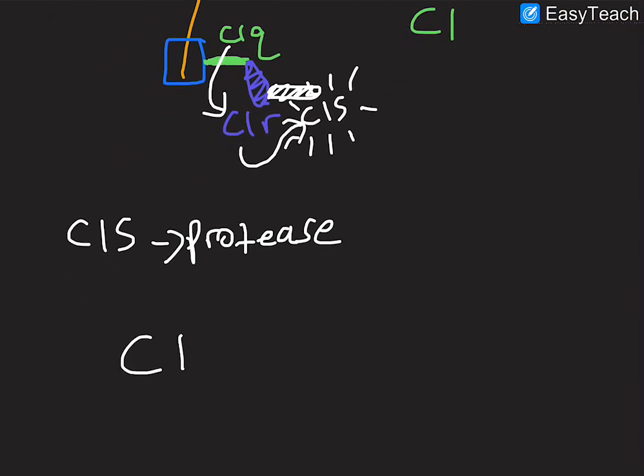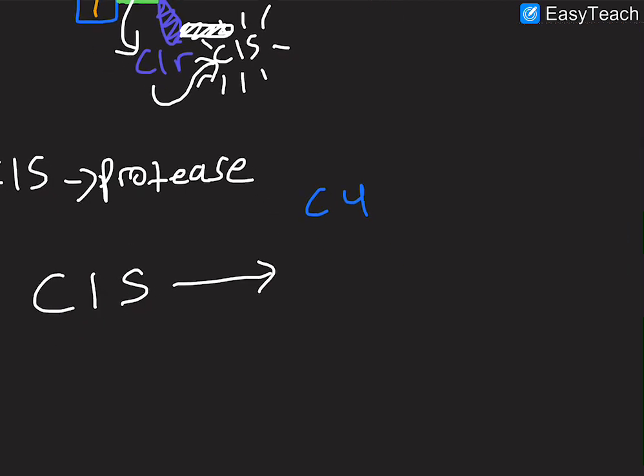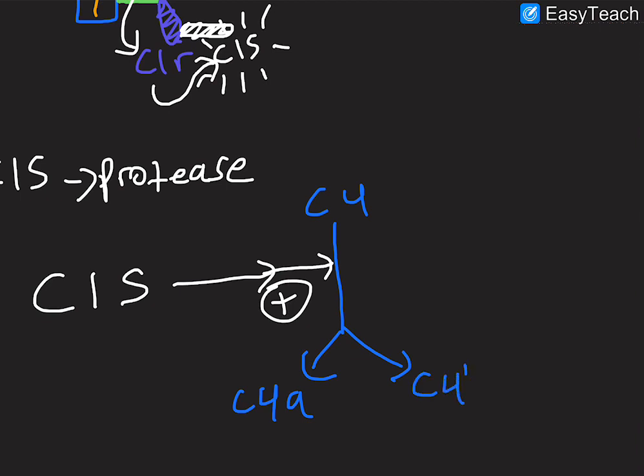C1s will cleave and activate C4, which we'll denote in blue, into two different molecules. The C4 complement protein gets cleaved by C1s into C4a and C4b.